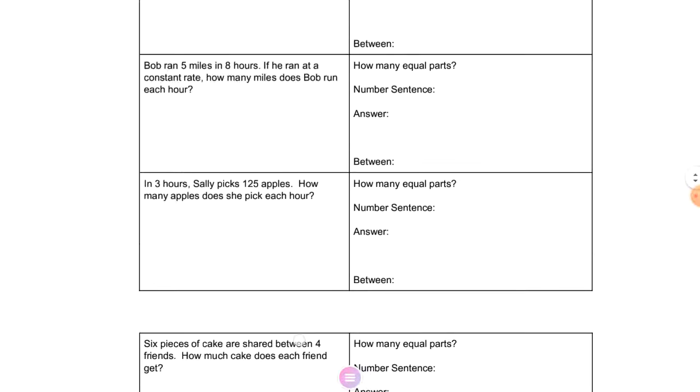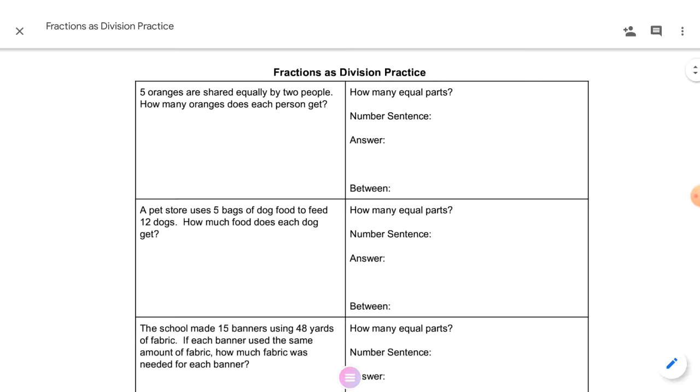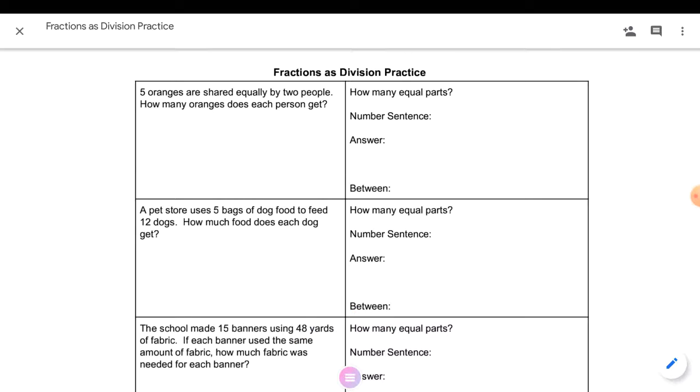Okay, so I'm going to go back up here. I'm going to go to the top. Go to the question. The question says, how many oranges does each person get? Is the word each in my question, Nolan? Where?